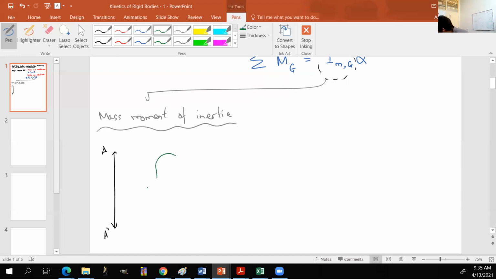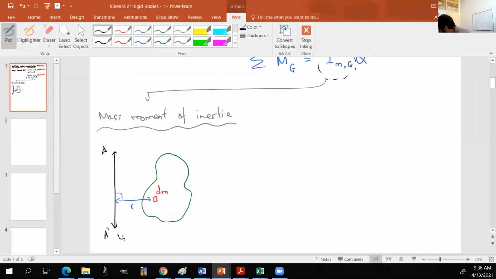Then we have any random rigid body, and let's say that this rigid body is broken up into infinitesimally small volumes that have the mass dm. And the shortest distance, or the perpendicular distance to the axis of rotation, let's say that distance is equal to r.